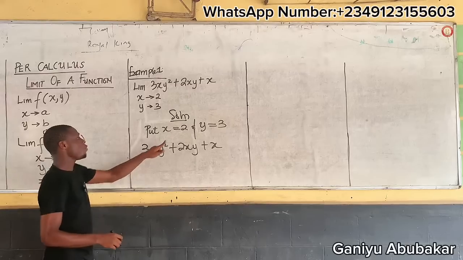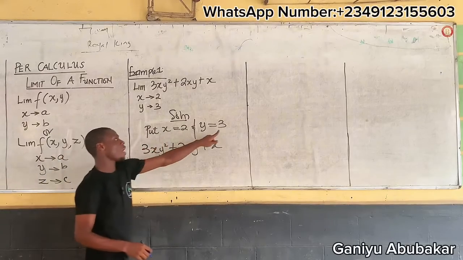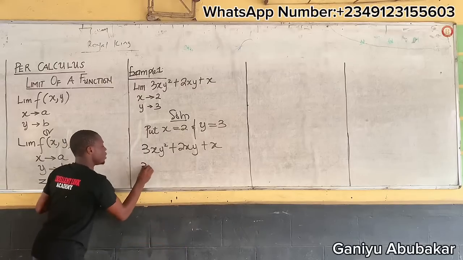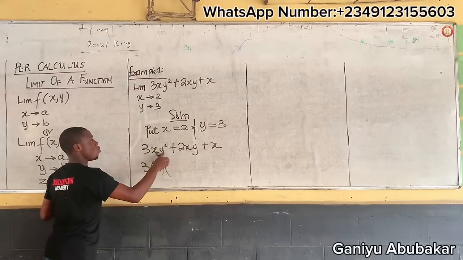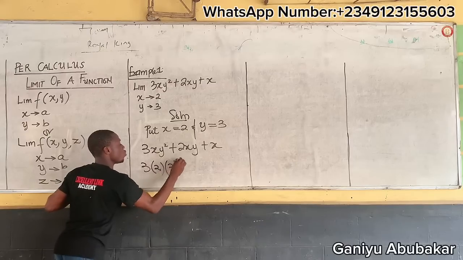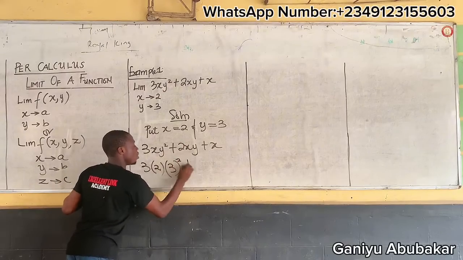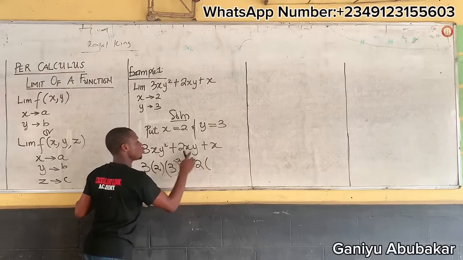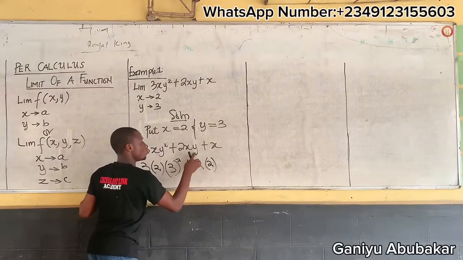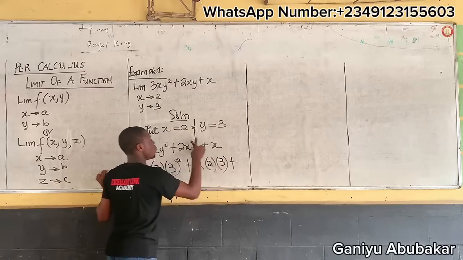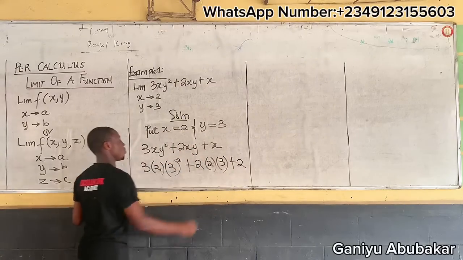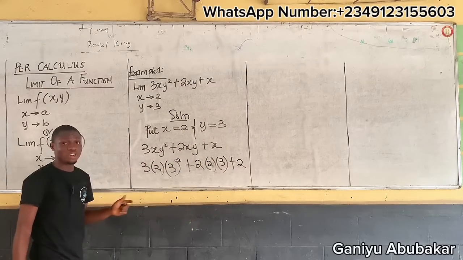In this case, anywhere you see x, put 2, and where you see y, put 3. I'll have 3 into what's x? That's 2. What's y? That's 3 squared, plus 2 into what's x there? 2. What's y? Of course 3, plus what's x there? That's 2.